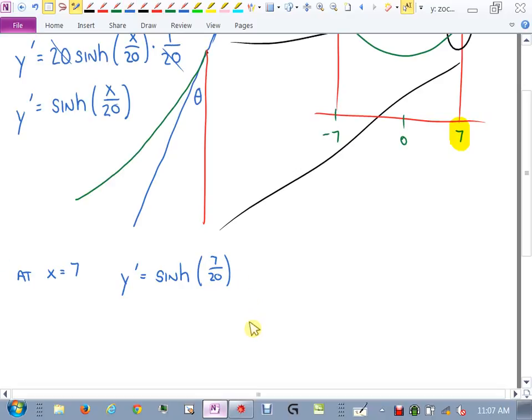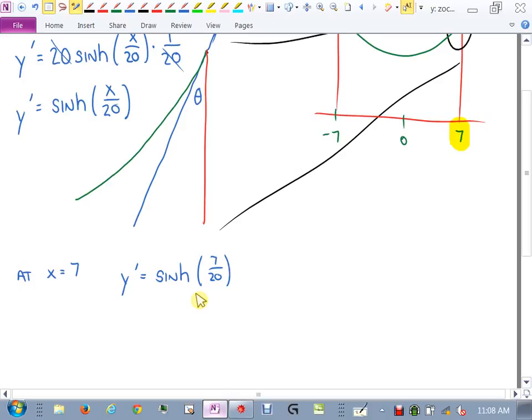So how do I figure out what this is? Well, your calculator might have a hyperbolic sine key on it, depending on your calculator. But if it doesn't, then you have to convert this into the definition of the hyperbolic sine, which is e to the x minus e to the negative x all over 2.